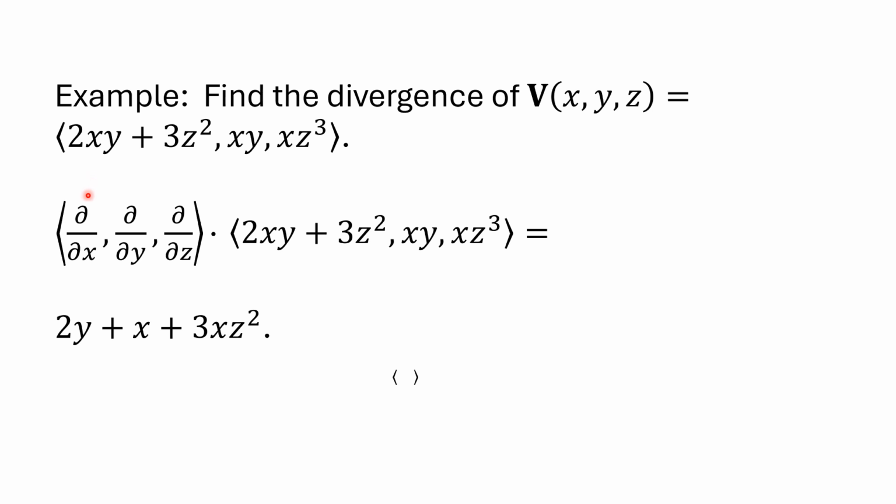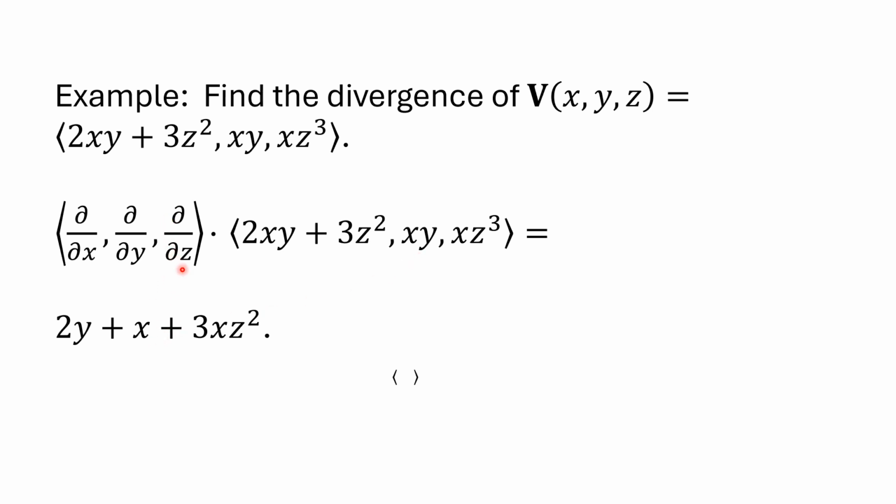So I end up with 2y, the partial with respect to x being 1. The partial with respect to y, operating on the y component here, is going to give me x.